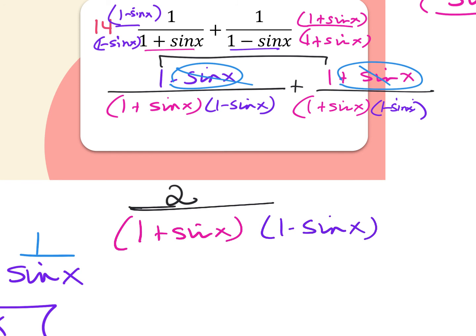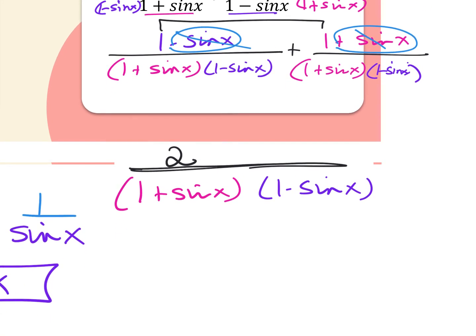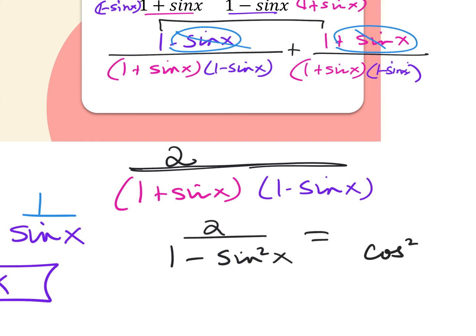And now what I'm going to do is multiply it, because this is actually the factored form of the difference of two squares. So once I FOIL the bottom, it actually turns into 1 minus sine squared x, which again, I can use my Pythagorean identity that 1 minus sine squared x is equal to cosine squared x.